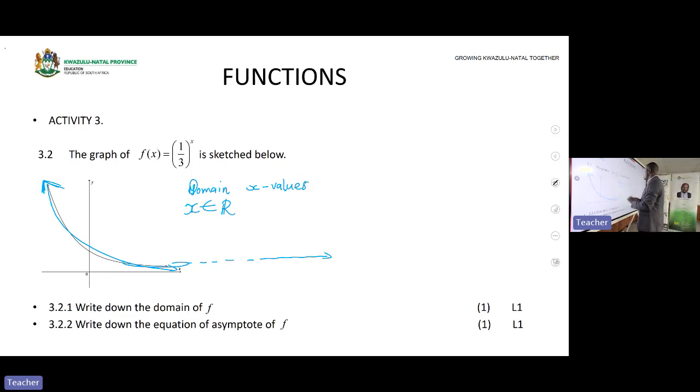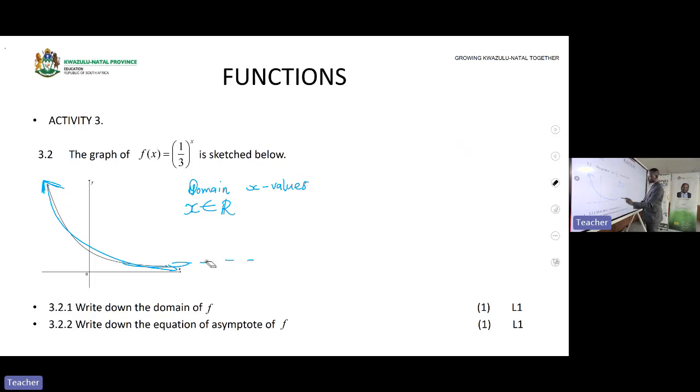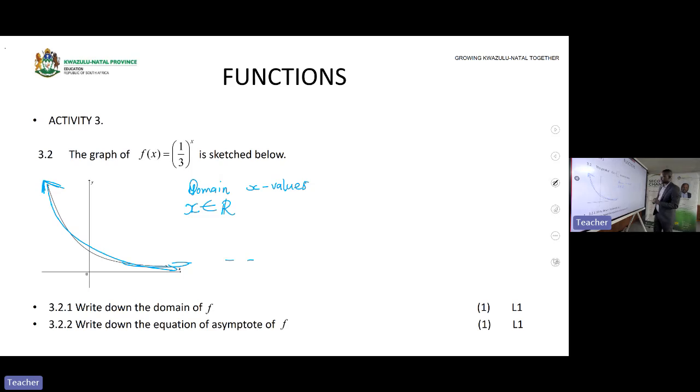But as long as there is no restriction, the domain of an exponential graph is from negative infinity to positive infinity. We don't know where it starts and we don't know where it ends in terms of the possible x values in our graph. So it's always the case: negative infinity to positive infinity, or x is an element of all real numbers, unless there is some sort of restriction.